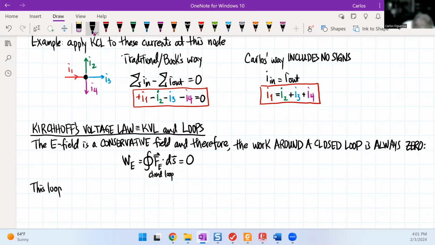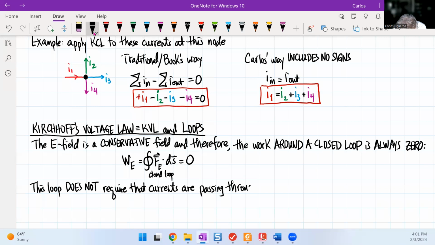This loop does not require that currents are passing through an element.